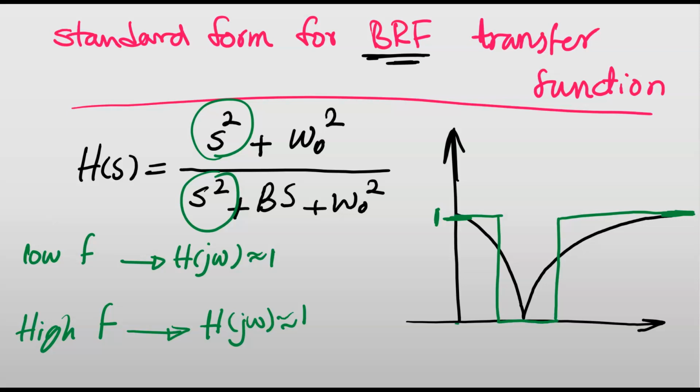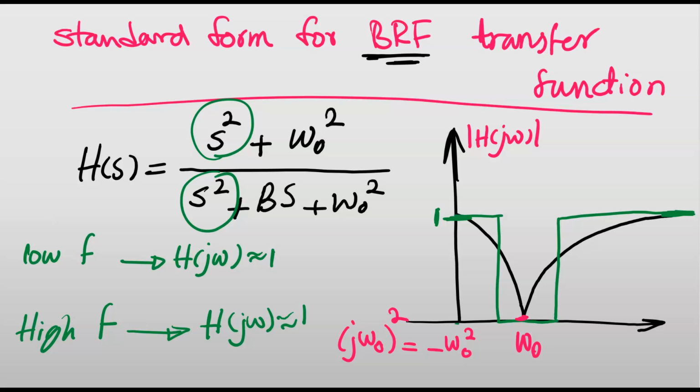And the frequency at which the magnitude of H(jω) is exactly equal to 0 is called my center frequency. If you plug in s as jω naught, the numerator will be equal to 0, because s squared will be (jω naught) squared, which is equal to minus ω naught squared, and that cancels out the ω naught squared in the numerator.